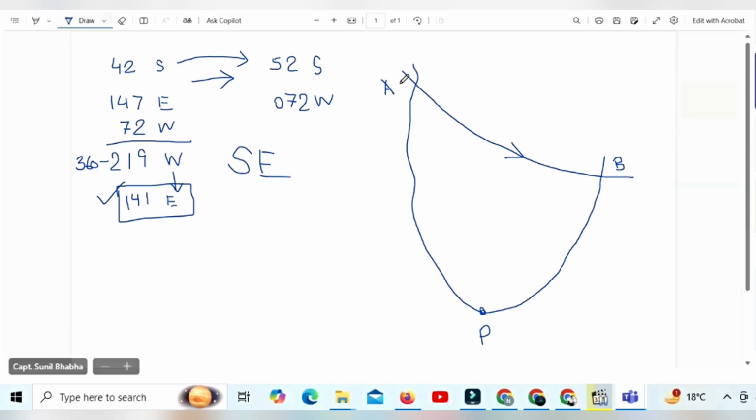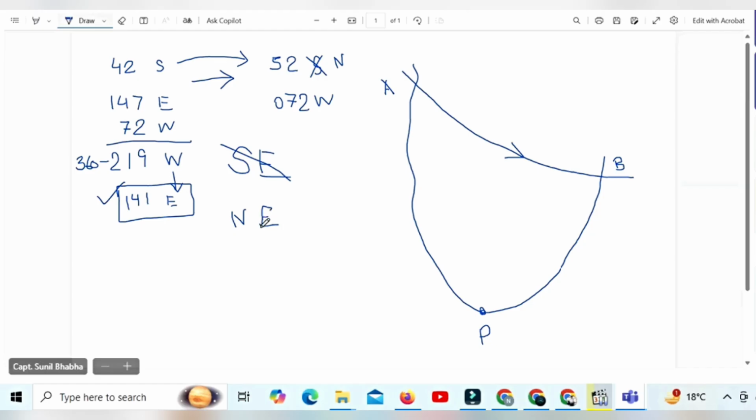Sir, if the final latitude is 52 degrees north, with the same direction, what is the change in that case? If the latitude instead of south is north, then you will be going not in the southeast direction but in the northeast direction. So always it depends on longitude, sir.